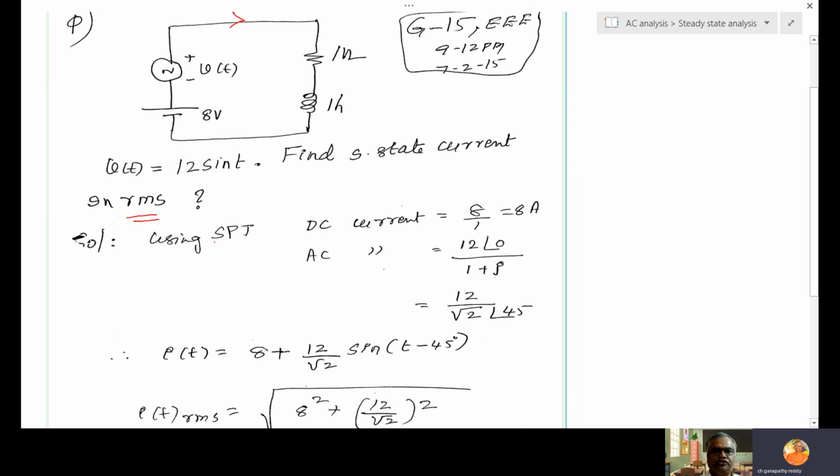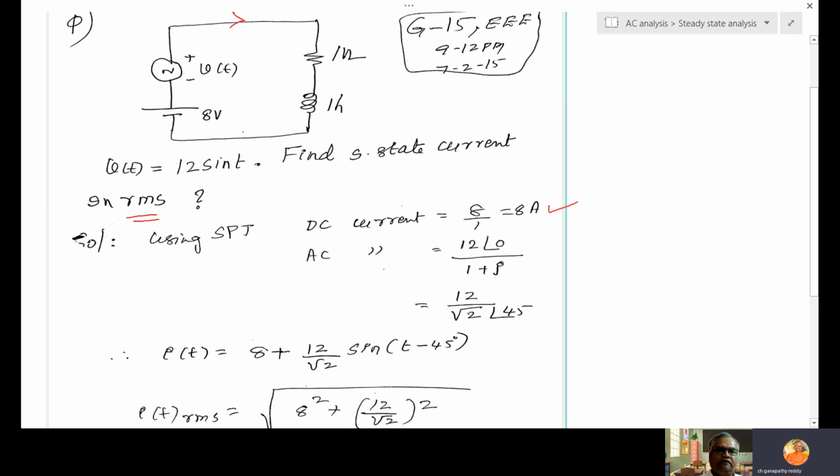So using the superposition theorem, for DC current, if only the 8 volts is there, the inductor is short and the AC voltage source is shorted. 8 by 1 is 8 amps.